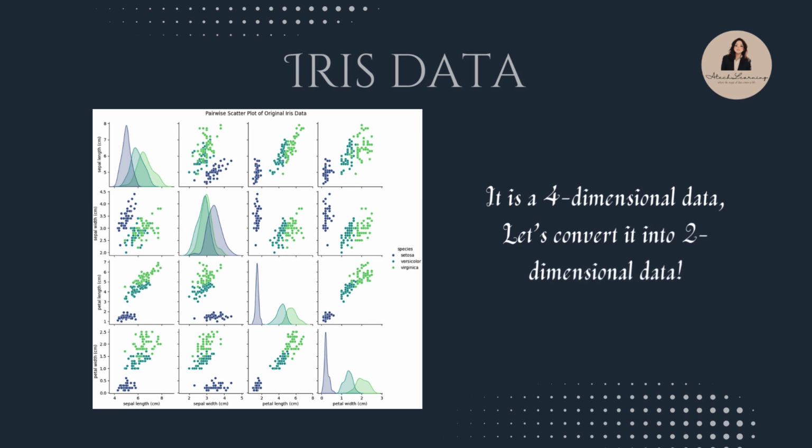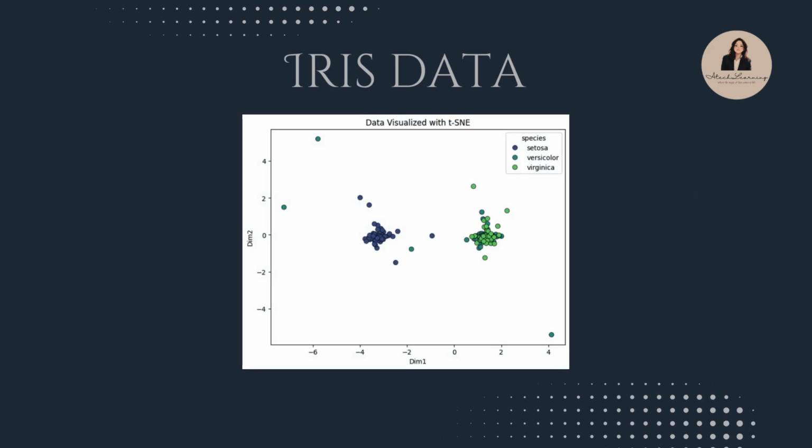So let's convert it into 2-dimensional data using t-SNE. So this is the result of the iris data after converting to 2-dimensional data. Notice that we now have 2 dimensions, dimension 1 and dimension 2, where we have reduced the 4 features into just 2, with clear clusters of iris classes.